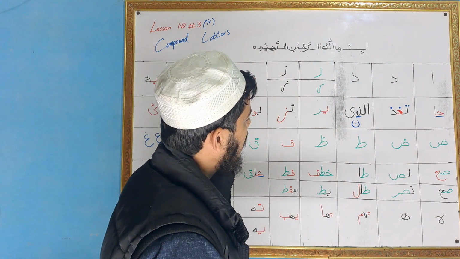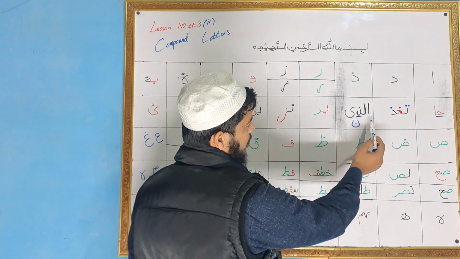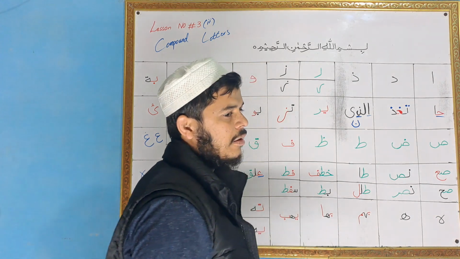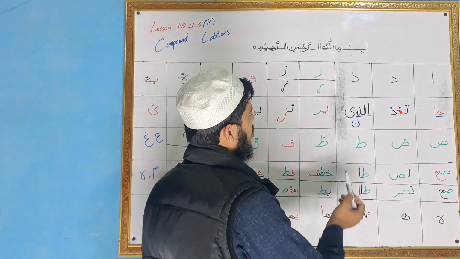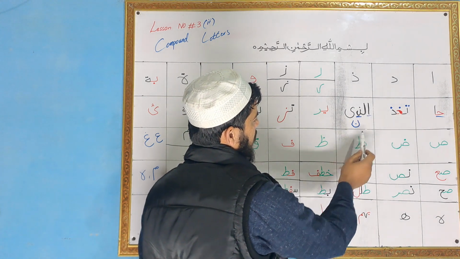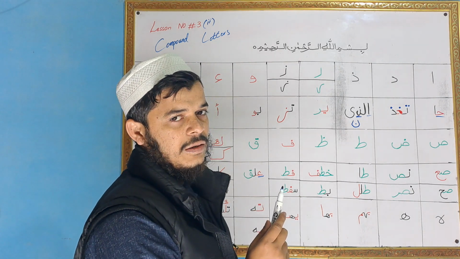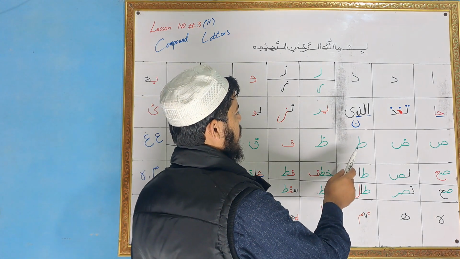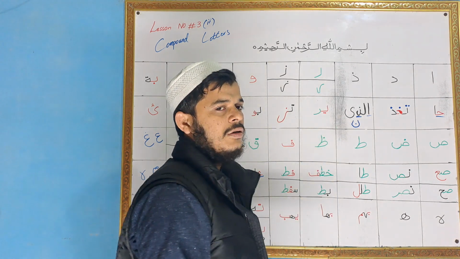Okay, so this will be considered as alif because this is separate. Alif cannot be connected as a first letter, so it will be separate all the time. This one is a straight line without any dot, so we will consider it lam. Alif, lam, dal and ya.